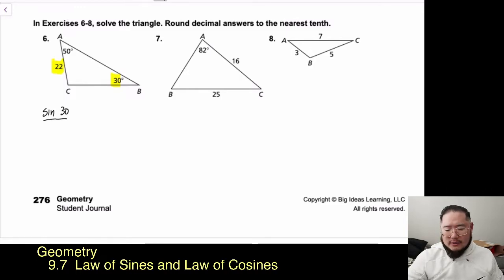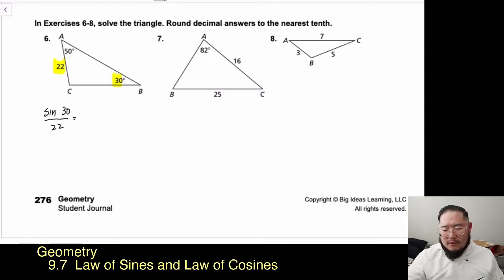And this is going to be equal to, well, let's figure out what we need. If I want to find CB, I'll put X over here for C to B. Well, I can find that because I do know the angle opposite of CB, and that's 50. So I'll put sine of 50 over X.